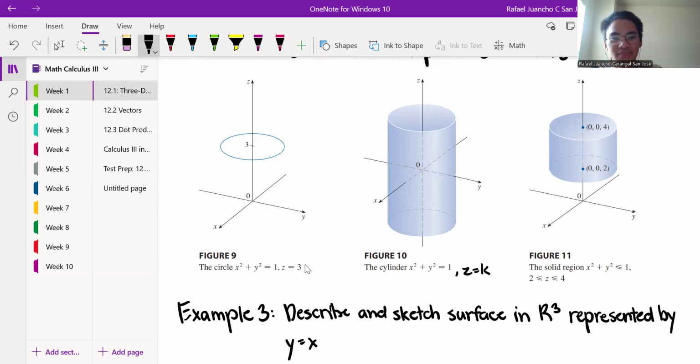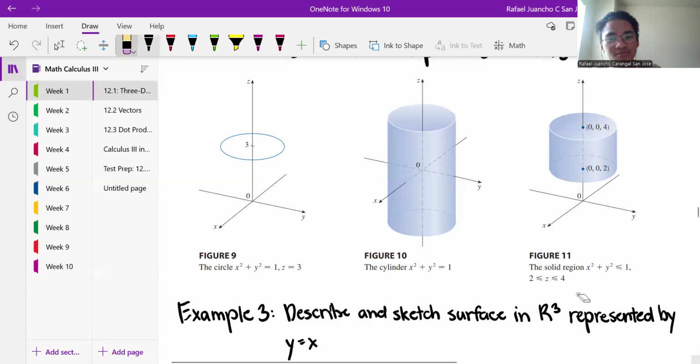So these could be any horizontal cylinder as long as it's centered at the z-axis, obviously, but there's no limit on what z restricts it to be.